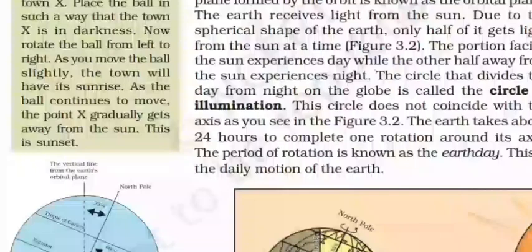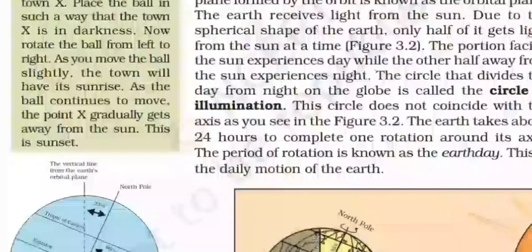The earth receives light from the sun, as we already know. Due to the spherical shape of the earth, only half of it gets light from the sun at a time. The portion facing the sun experiences day, while the other half away from the sun experiences night.